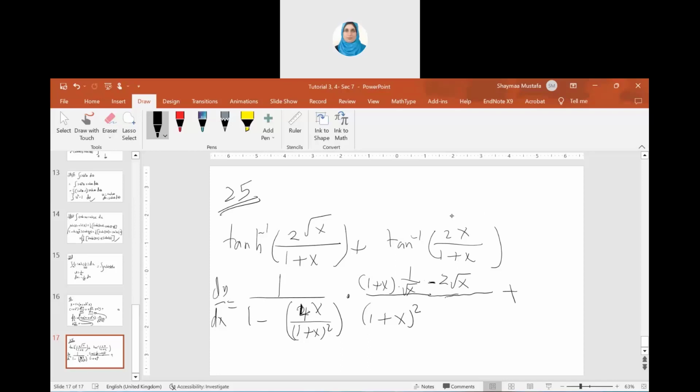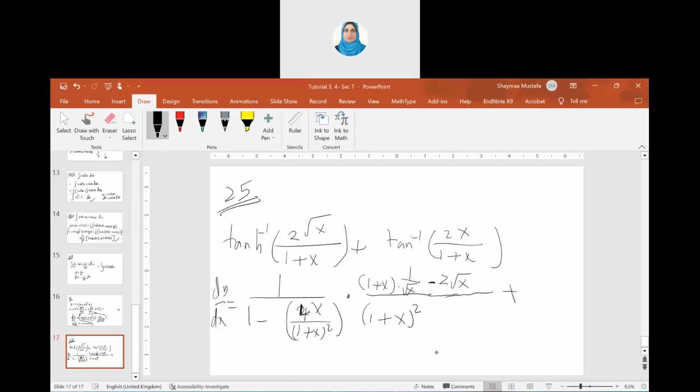Plus, now the derivative of the other tan inverse, also from the formula, is 1 over 1 plus u square.